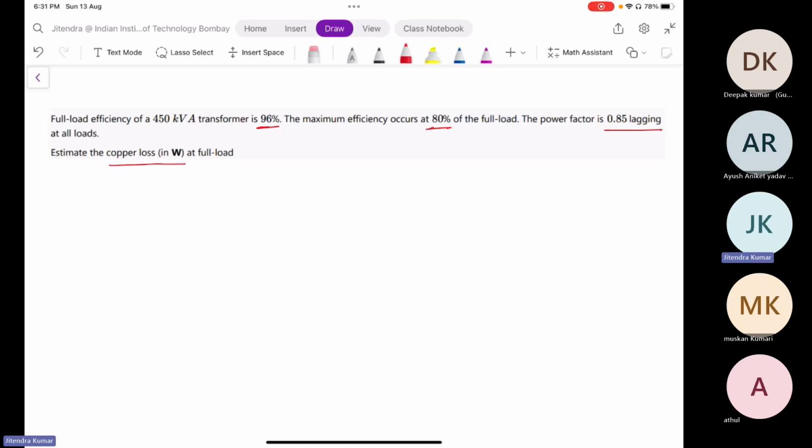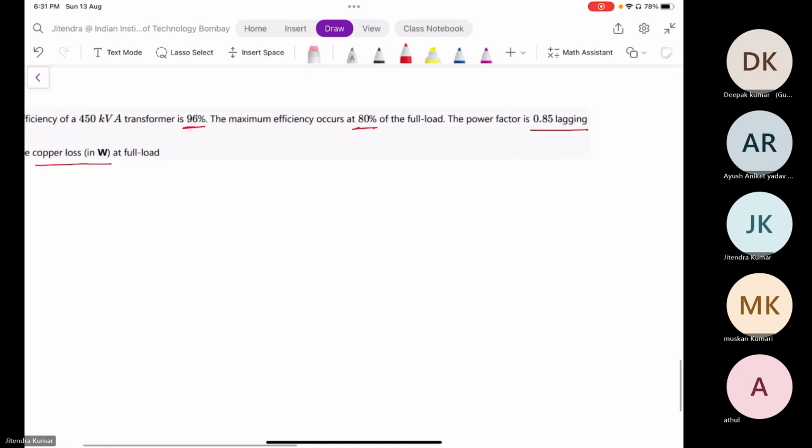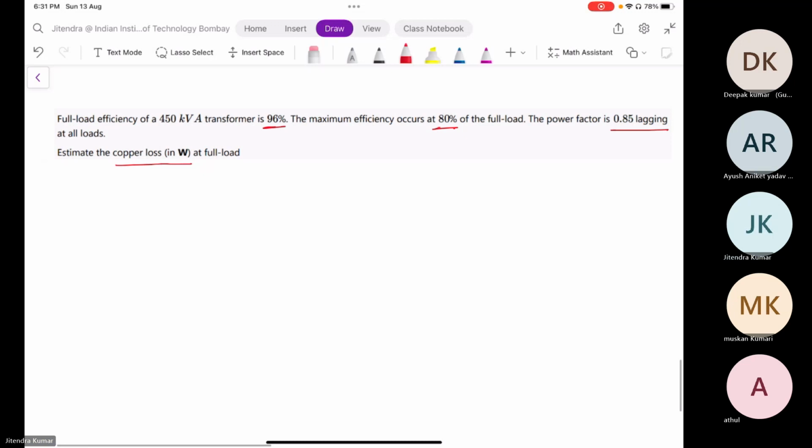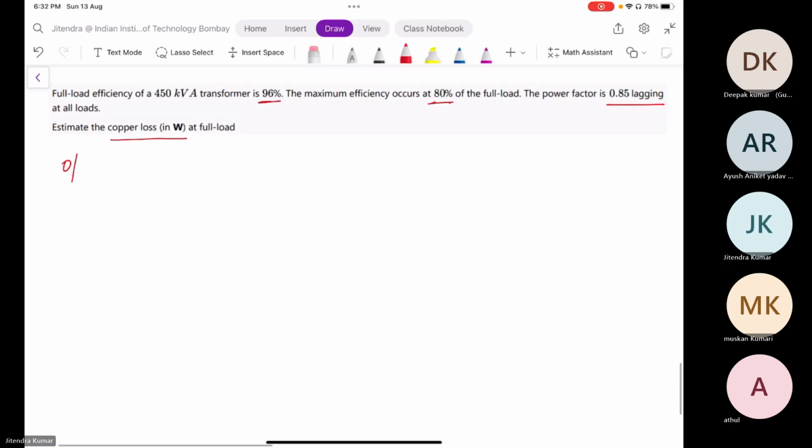So first thing is output power at full load. How to compute? I hope you guys must have gone through the efficiency lectures.